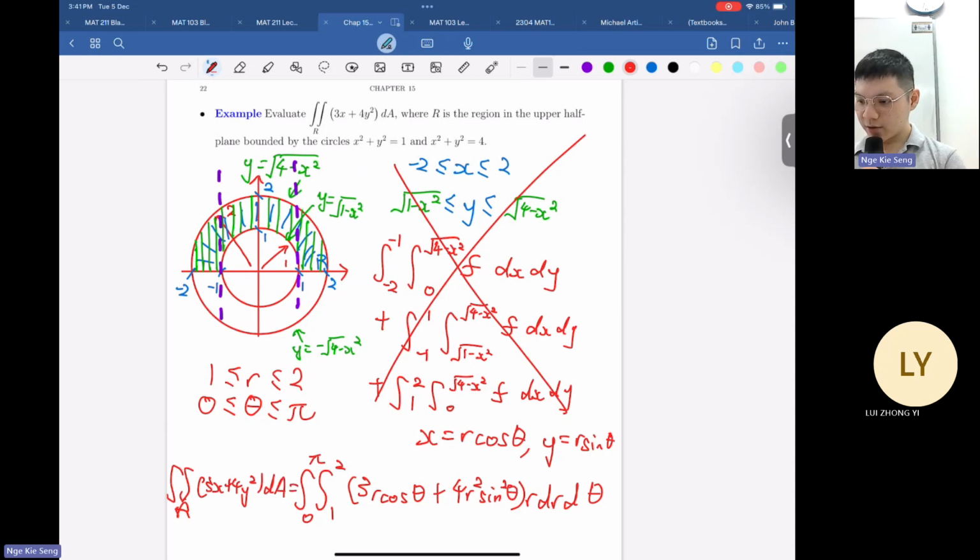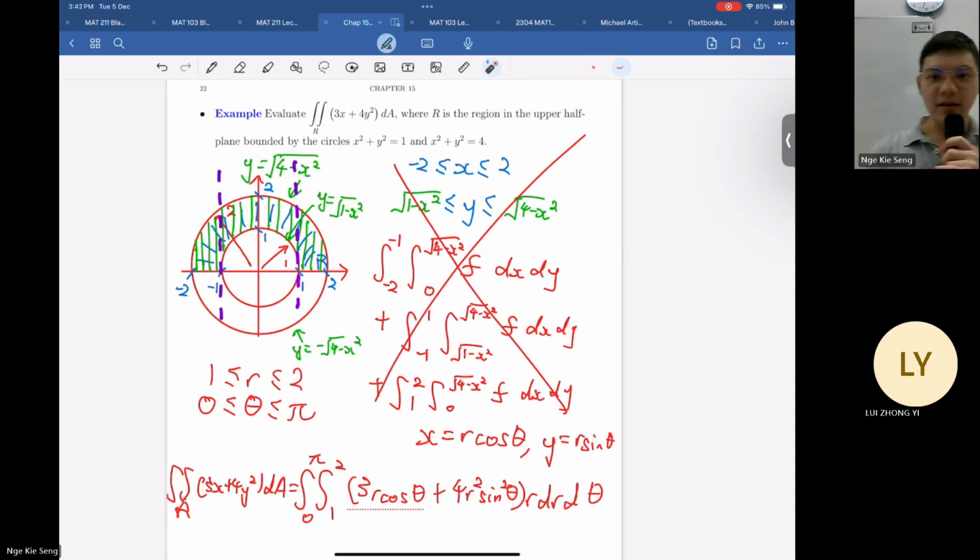Do you understand why now we put an r here in dA? Because we change our coordinates. If we use dx dy, as we did before, but if we change to dr d theta, then we pick up an extra factor r. Let's see.